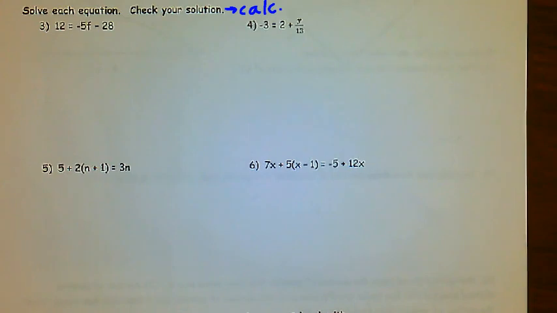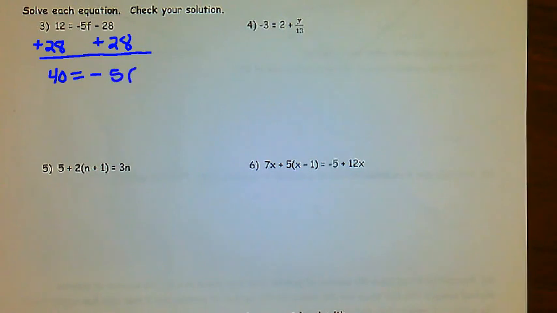So if we had parentheses, then you will distribute, and then combine like terms, etc. So I only have a variable on one side, so when you do that, we can just add or subtract your constants. We have a negative 28, so we'll add 28 to both sides. So we'll get 40 is equal to negative 5f.